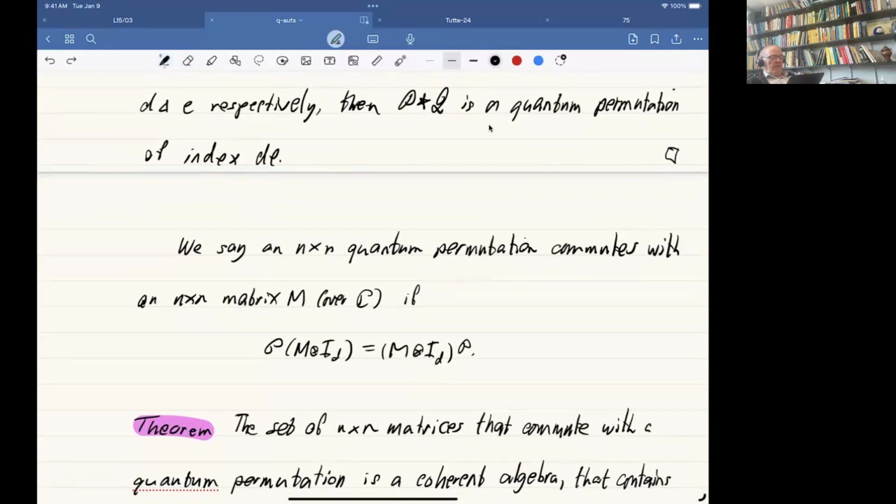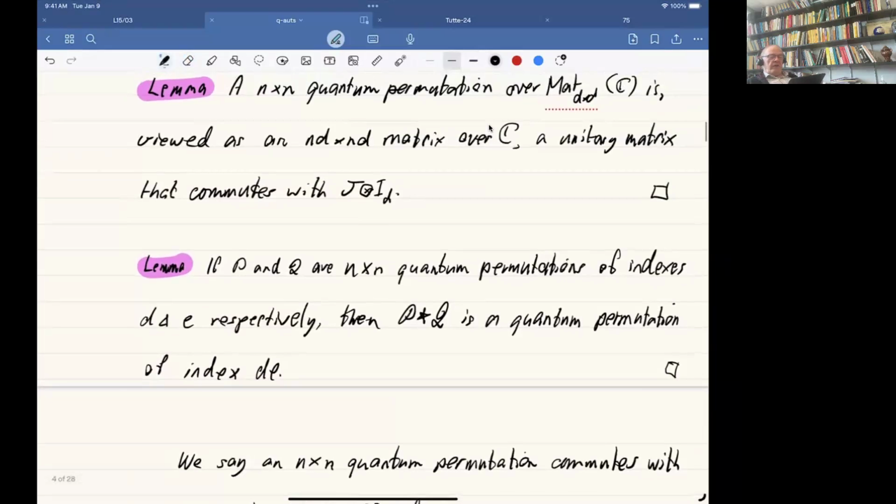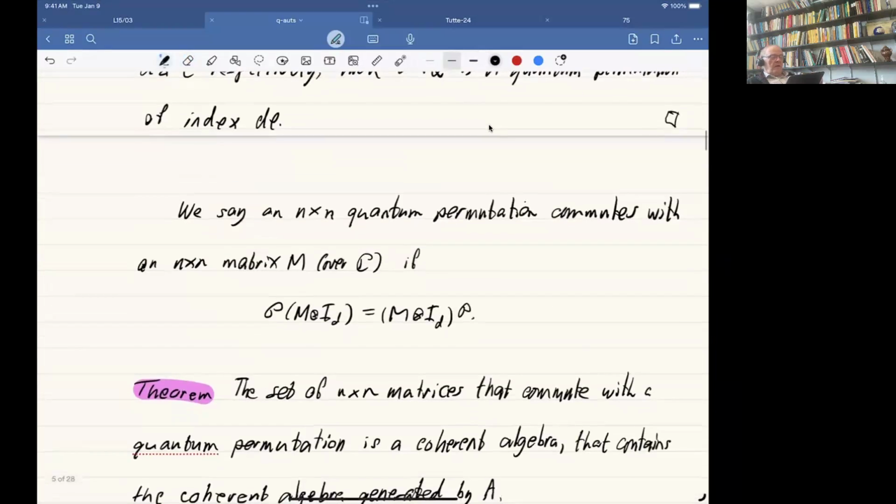If I'm thinking of it as an nd by nd matrix, as I did just here, then I'll warn you: the definition is that the quantum permutation matrix commutes with the matrix M over C if this is true. So it's not that P commutes with M, it's that P commutes with M tensor ID. And that's why I had to change J to J tensor ID up above.